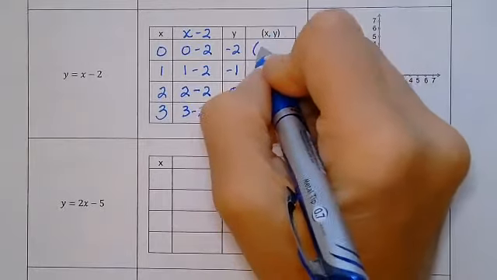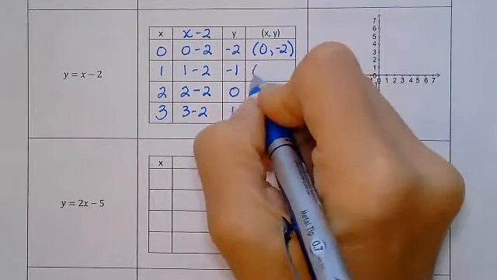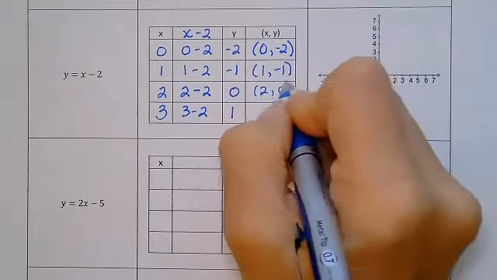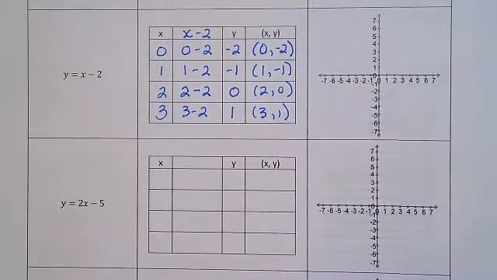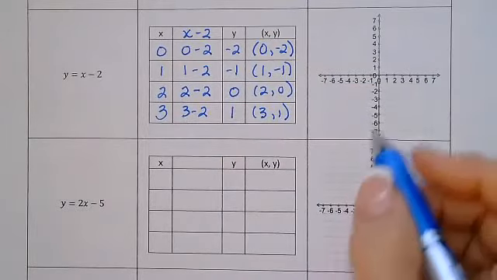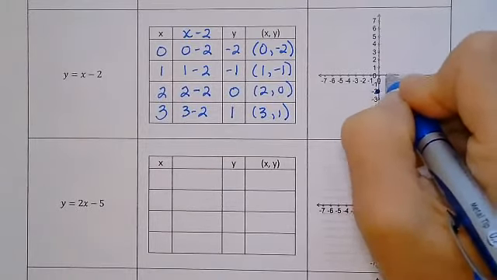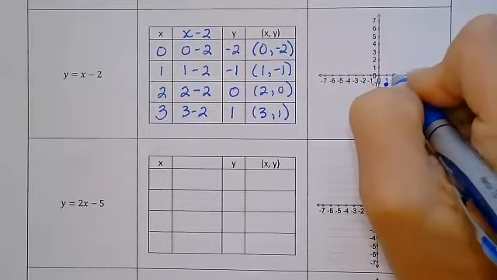Put our ordered pairs. 0, negative 2. 1, negative 1. 2, 0. And 3, 1. Okay, we're going to graph 0, negative 2. 1, negative 1. 2, 0.